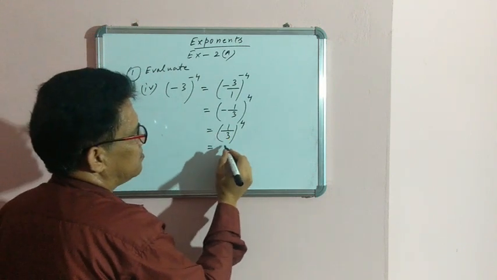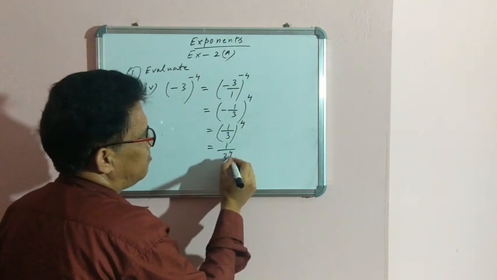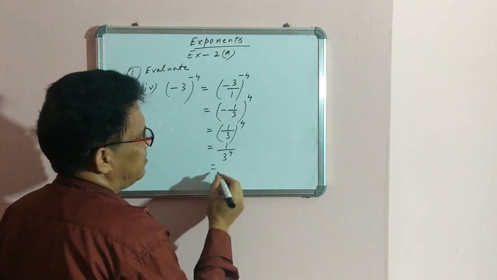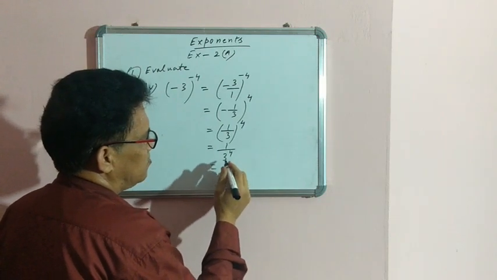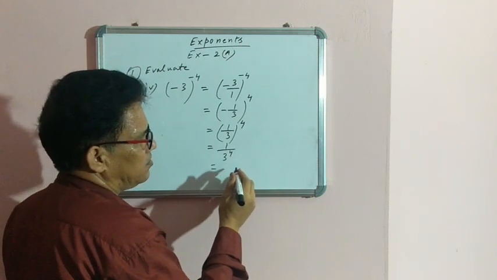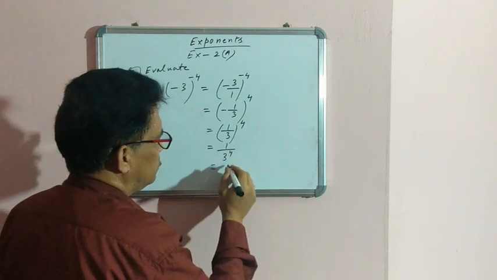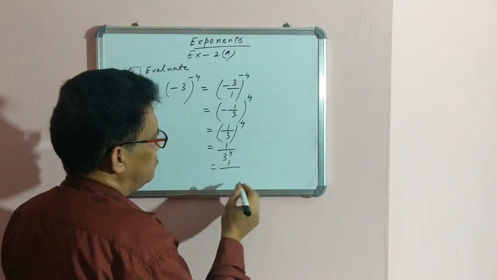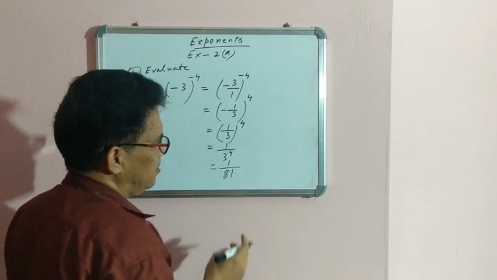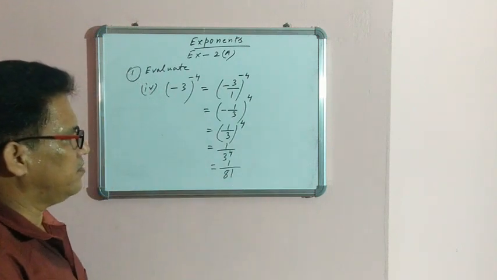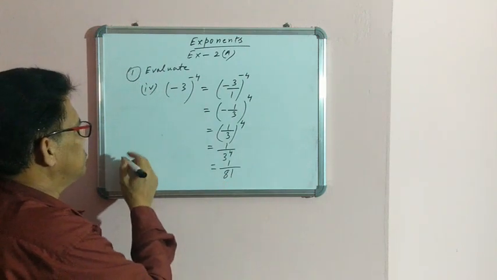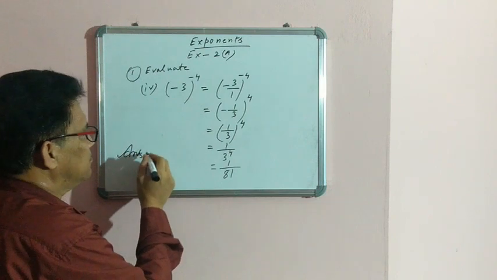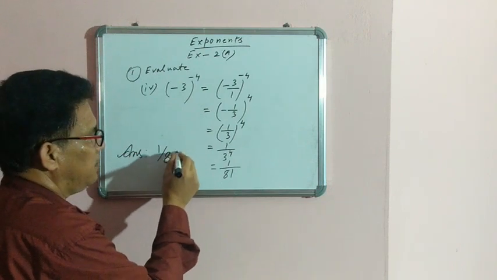So this is 1 upon 3 power 4. So you can write 1 by 3 into 3 into 3 into 3. So 1 upon 81. 3 into 3 is 9, then 27, then 81. So the answer is 1 upon 81.